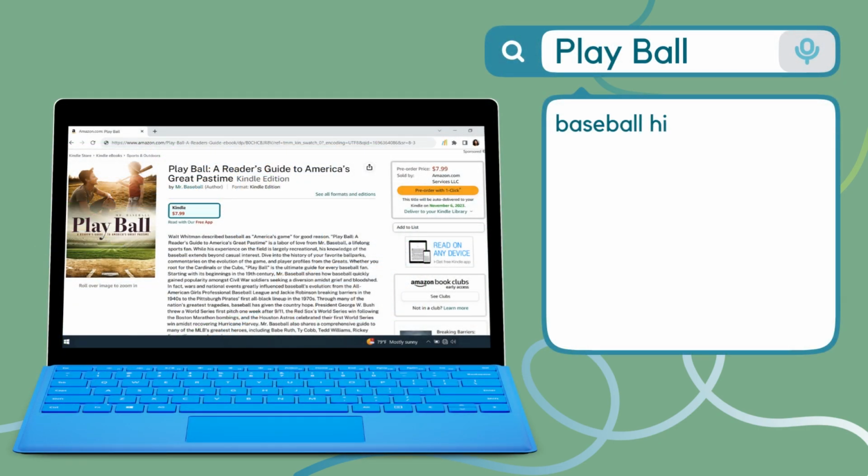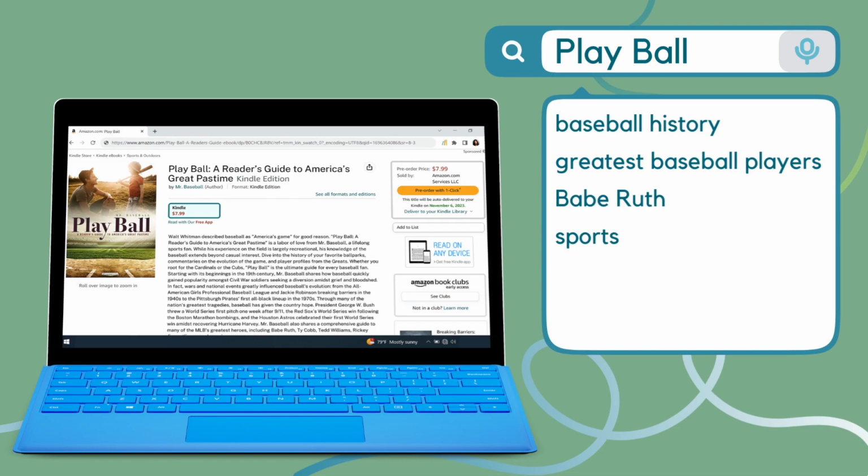For example, in Play Ball, our keywords would be baseball history, greatest baseball players, Babe Ruth, sports books, gifts for athletes, so on and so forth. Your keywords are meant to capture things that a person might search for online if they were looking for your book.